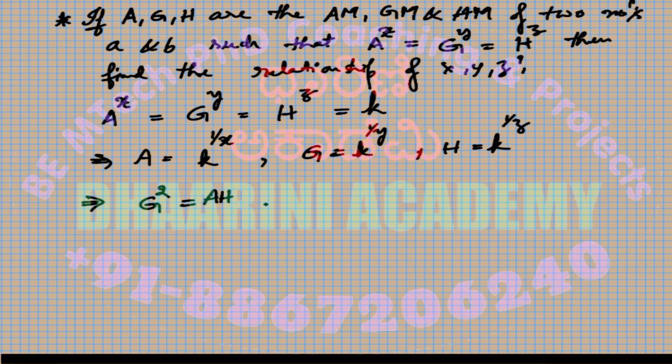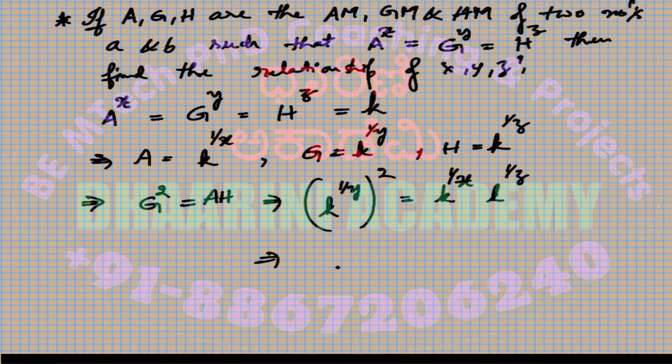Okay, I can replace the G. What is G? G is equal to k to the power 1 by y, squared, is equal to A, what is A? k to the 1 by x, and H, which is equal to k to the 1 by z, right? I can try to write this.